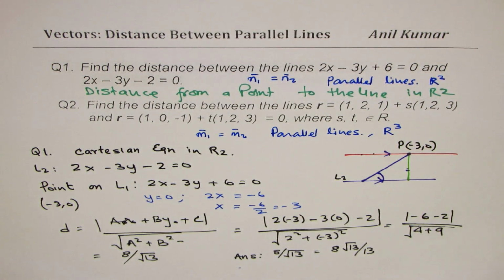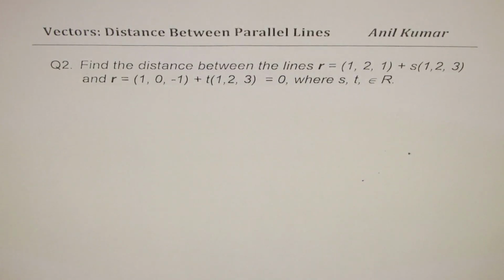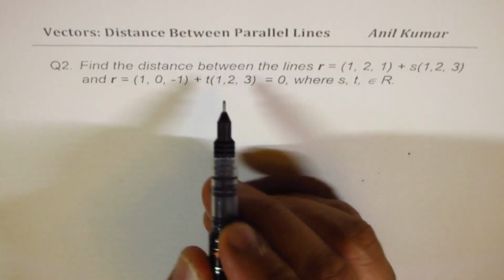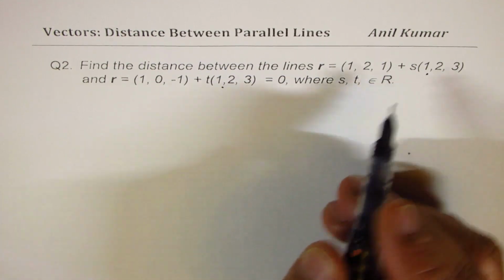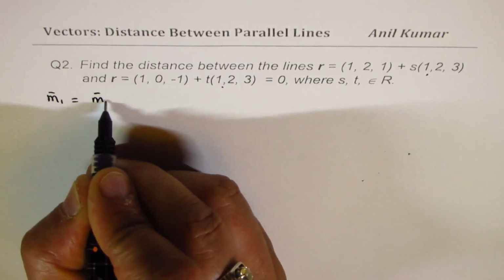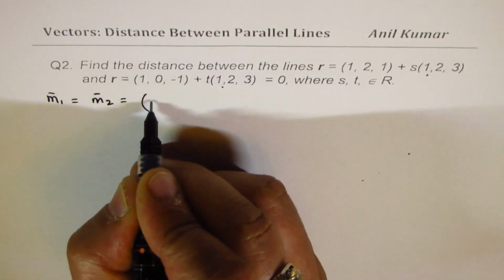Let's do the second question now, where we'll find the distance from a point to a line in R3. In question number 2, we are given two lines which are parallel since their directions are same. So we know M1 is equal to M2, which is (1, 2, 3).